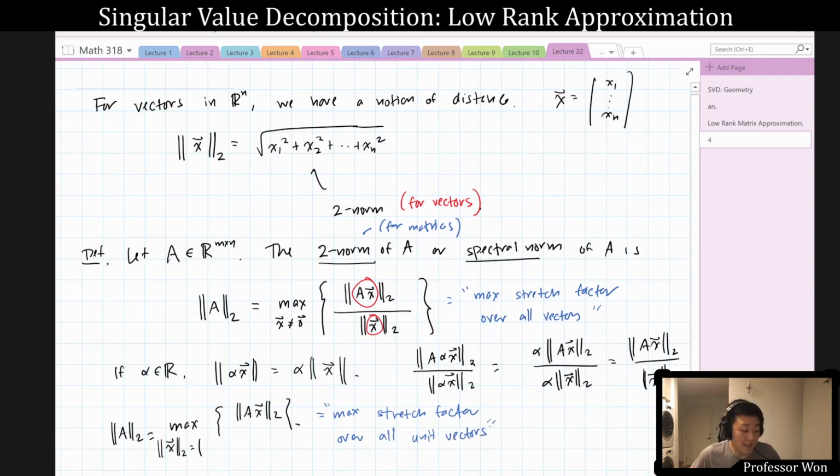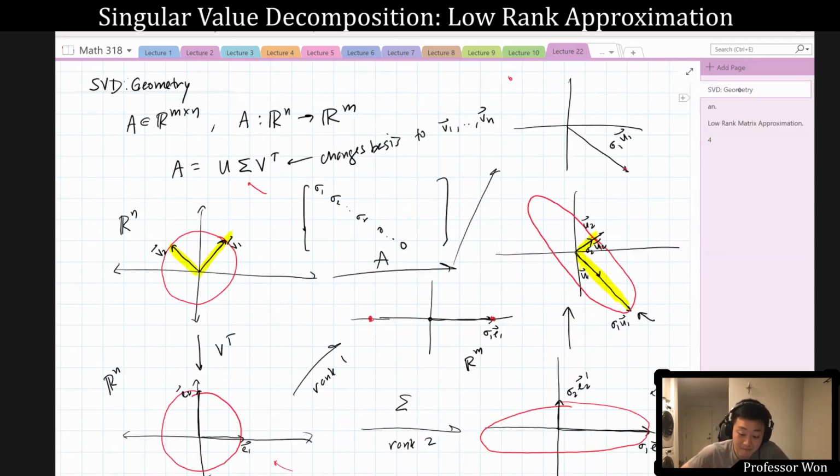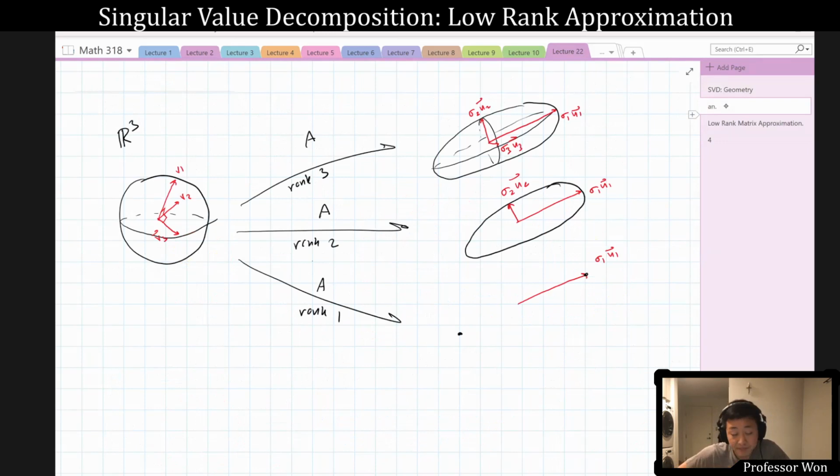Okay, but the point is that now that we've studied the singular value decomposition, we know exactly what the 2 norm of any matrix is. Because of this picture, or this picture. Here I've drawn in every unit vector. That's the sphere. What's the maximum any of them stretch to? Well, it's just the longest semi-axis of the ellipse.